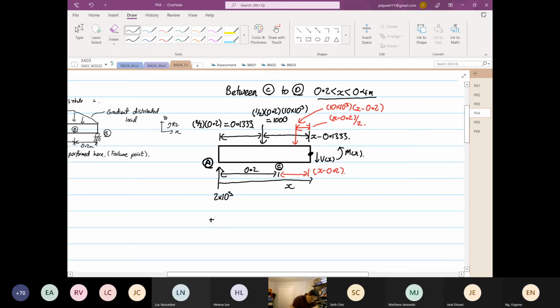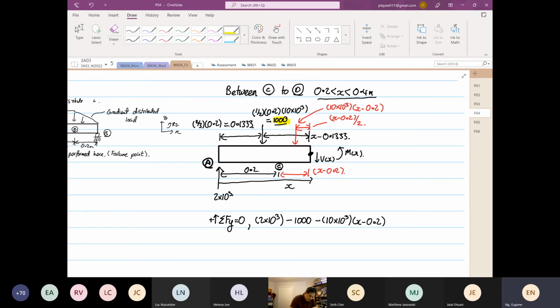Static analysis. Summation of forces in the y direction will be equal to 0, right? So this will be equal to 2 times 10 to the power 3, minus, down here we see that it's minus 1,000. Then the next one is minus 10 times 10 to the power 3 times (x minus 0.2).